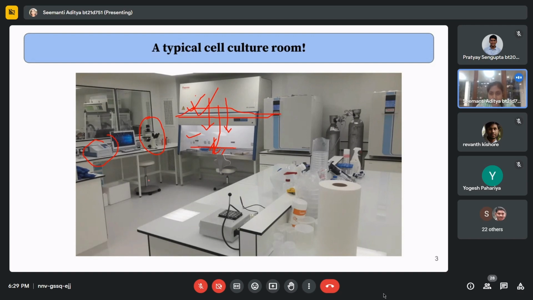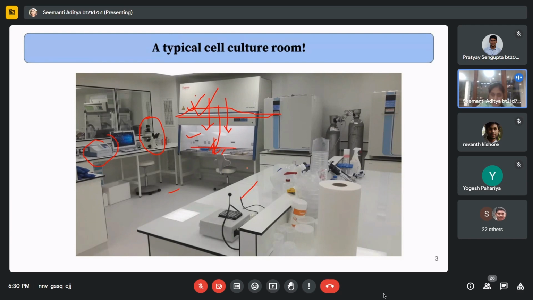Apart from this, the cell culture room has to be very, very clean. The floor, the benches, everywhere should be very clean and sterilized. Outside the cell culture room, people generally keep shoe racks, lab coats, head caps and gloves. We wash our hands, keep our shoes outside, wear the lab coat and the head cap, and sometimes people also prefer to wear a mask, because when you are talking, the droplets also contain microbes, and those can create issues.